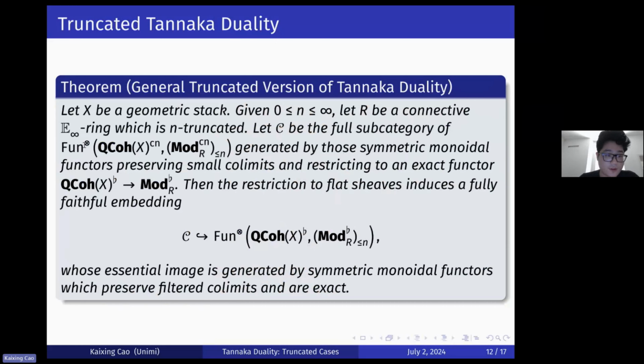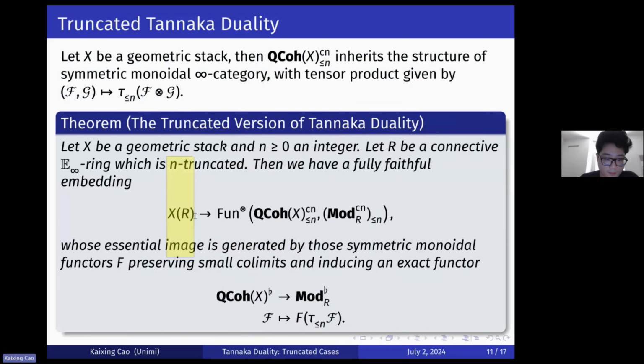This theorem is studied because if we start from the R points of X, from the original version of the Tannaka duality for geometric stacks, we know it has a good description in the functor category from the quasi-coherent sheaves of X to the R modules.